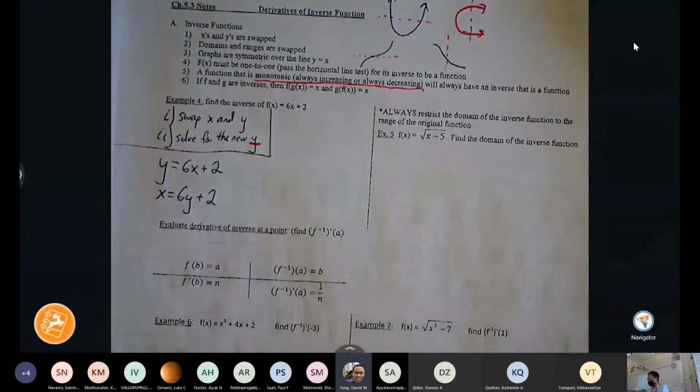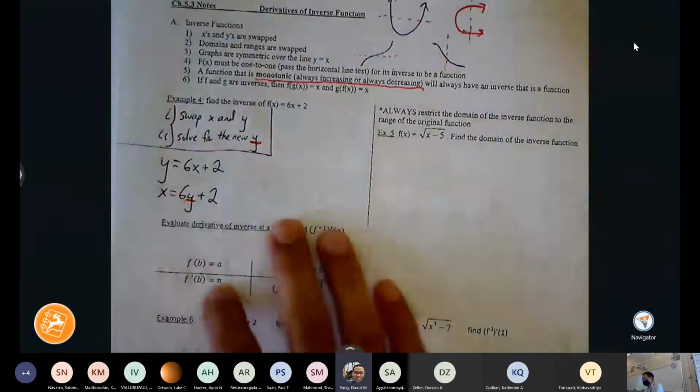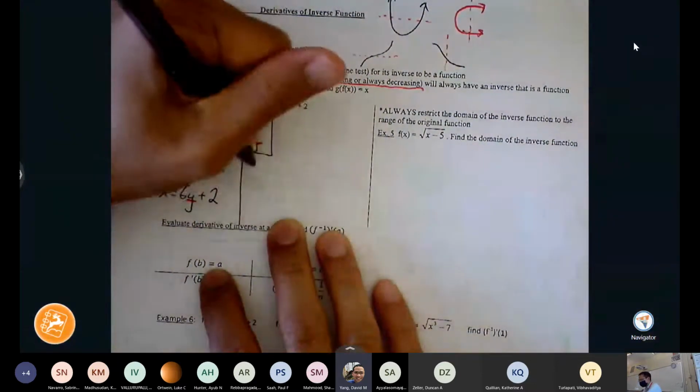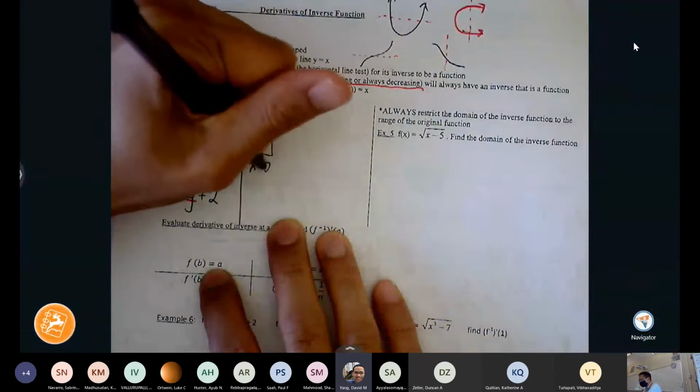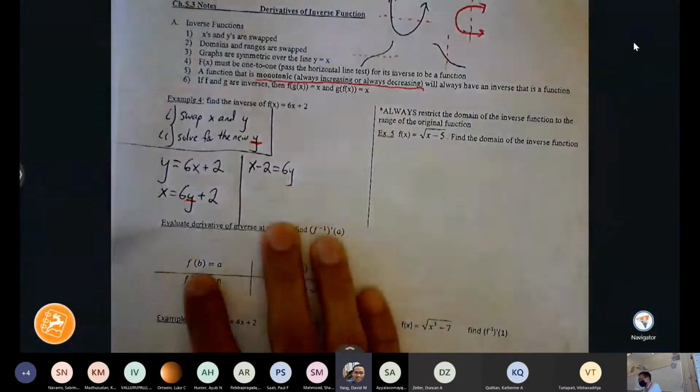So the 6 is not going to go over to the y side. So x equals 6y plus 2. We're just taking the variables, picking them up, and making them switch to another variable. Okay, so now I want to solve for y. Divide both sides by 6.